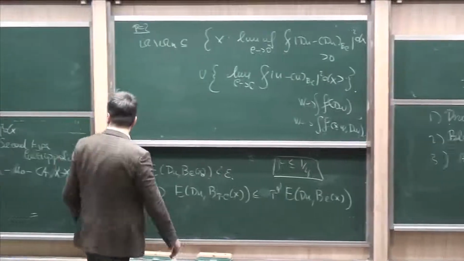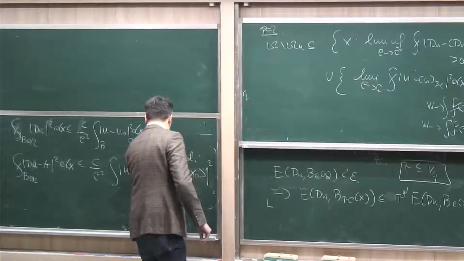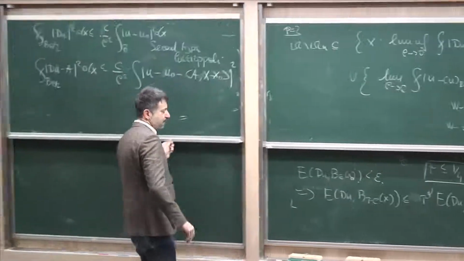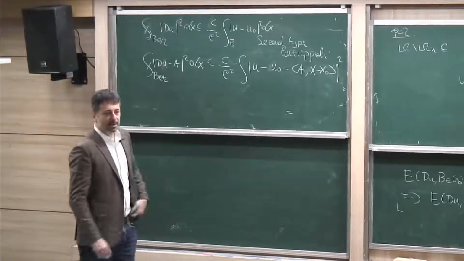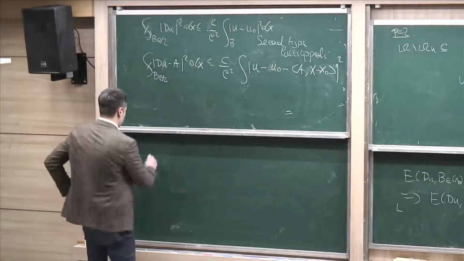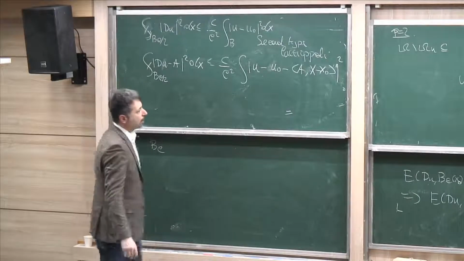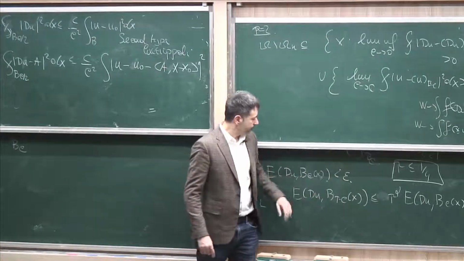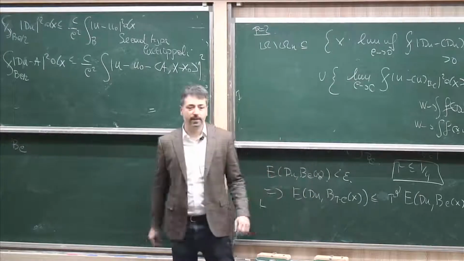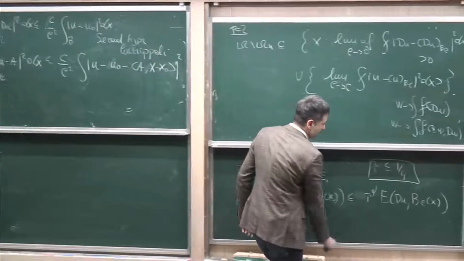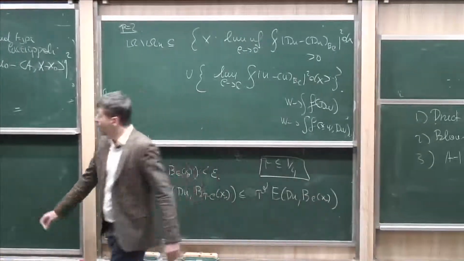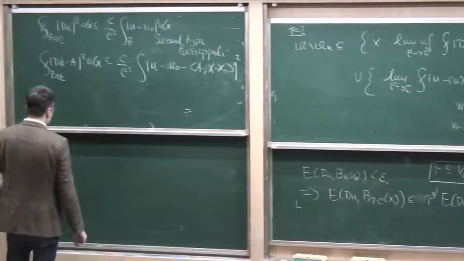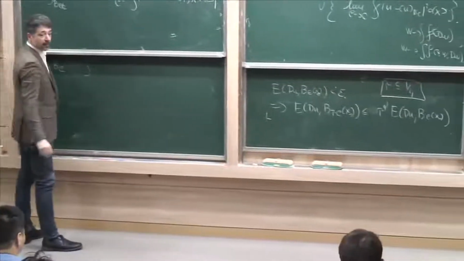As for the first one, the first one is rather simple. As we said before, we take a ball, B_rho, where we know that this is small, centered at the point x0. So we consider the following functional.